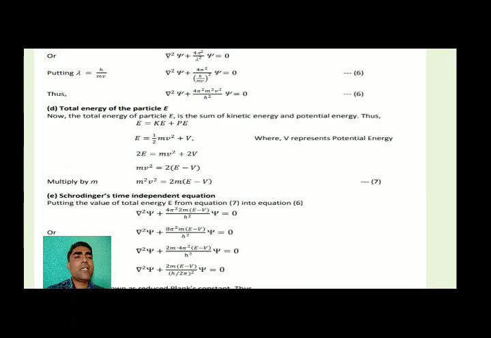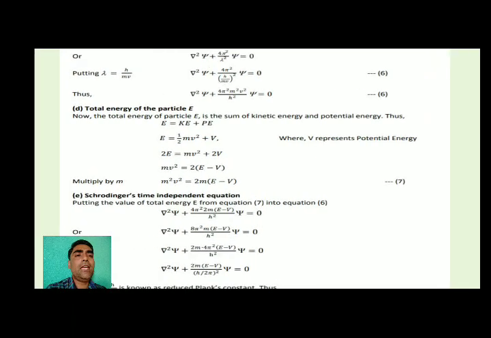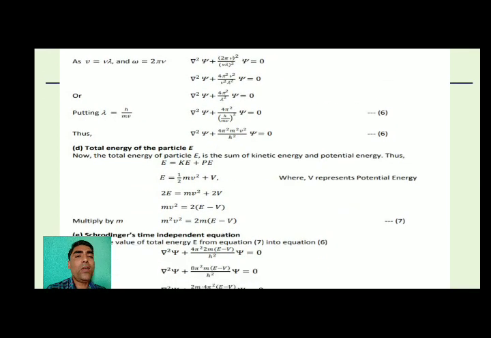Now if we substitute the values of ω and v in the terms ω² and v², we know that the velocity of a wave can be expressed as the product of frequency and the wavelength. So therefore v can be expressed as νλ. Also the angular frequency ω can be expressed as 2πν.